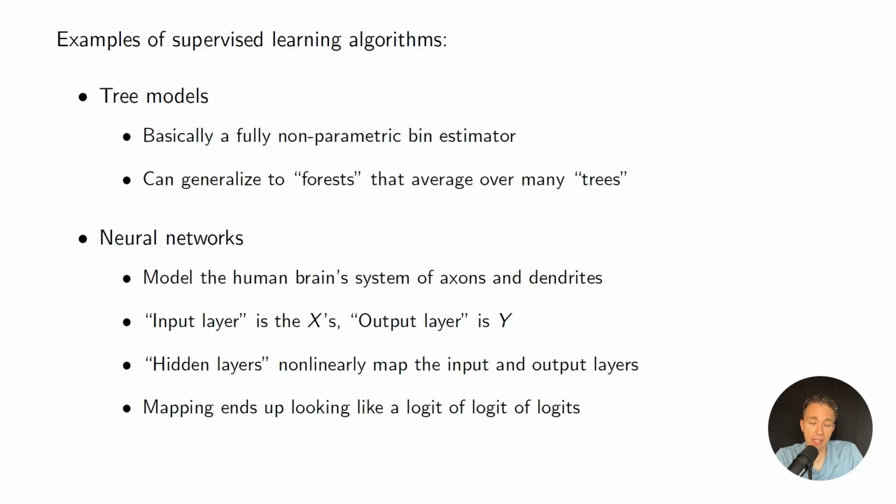And so what you end up getting is like a logit of a logit of a logit in terms of how the formula works out. And it's also interesting to note that a linear regression is a special case of a neural network.